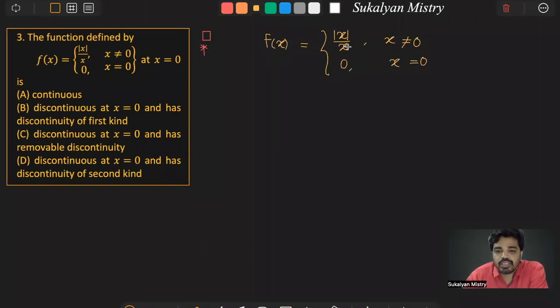So we have to check whether at x equal to 0 the function is continuous or discontinuous. If discontinuous, is it a discontinuity of the first kind, a removable discontinuity, or a discontinuity of the second kind?